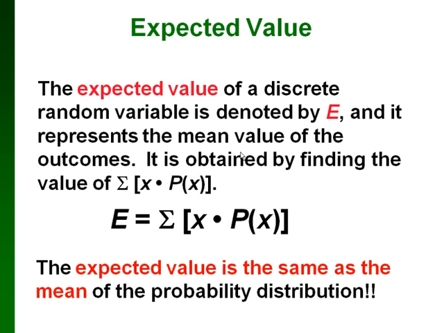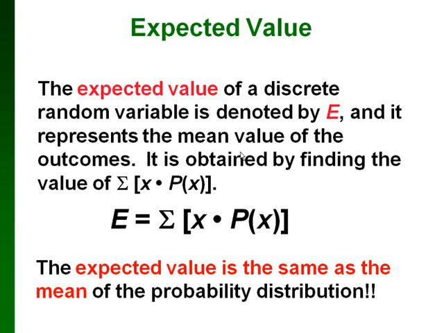One more thing about probability distributions and random variables, and that is in a lot of cases we want to find the expected value of our random variable. This is like the long run average of what our outcomes are going to be.